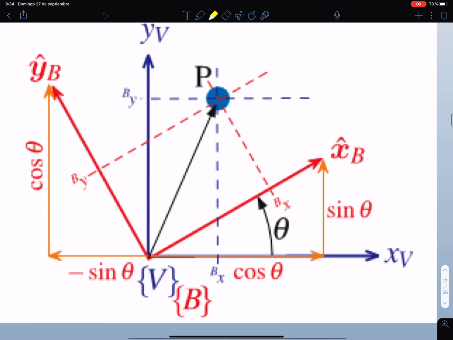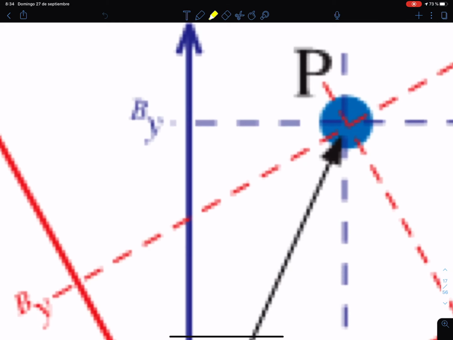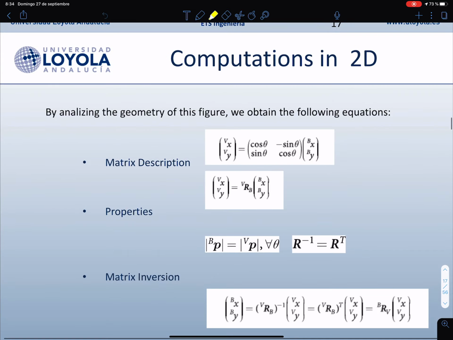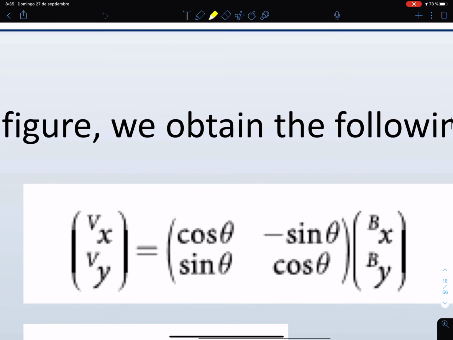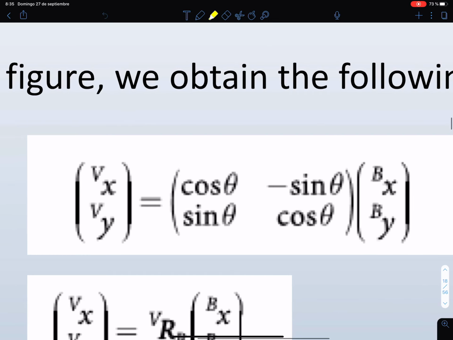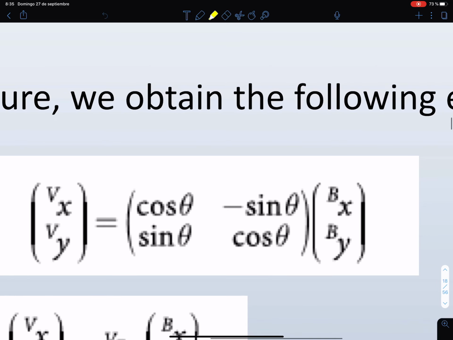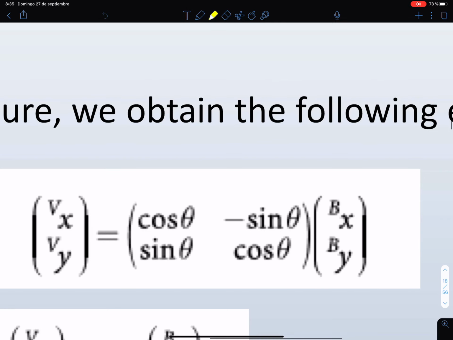If we make now the same decomposition of the projections of the P vector along the YV axis, we will obtain the second row of these equations. We'll leave that as an exercise, and then we obtain these expressions. The coordinates in the intermediate V frame are equal to this matrix, cosinus theta, minus sinus theta, sinus theta, cosinus theta, multiplied by the coordinates in the B frame.